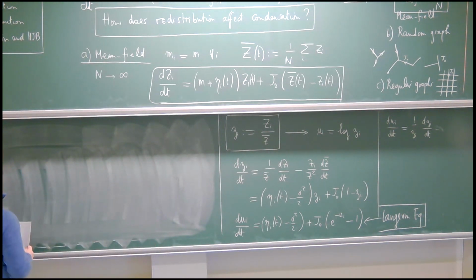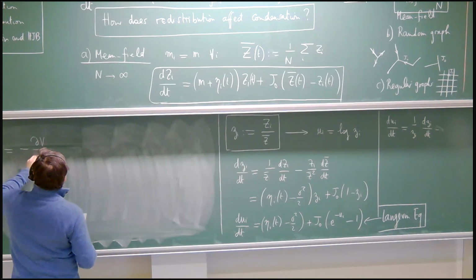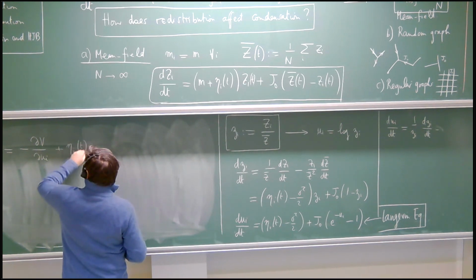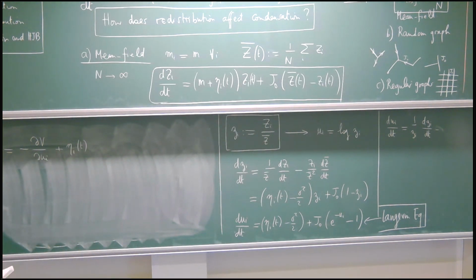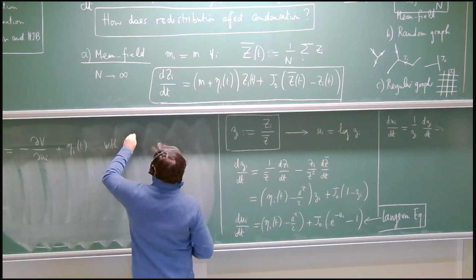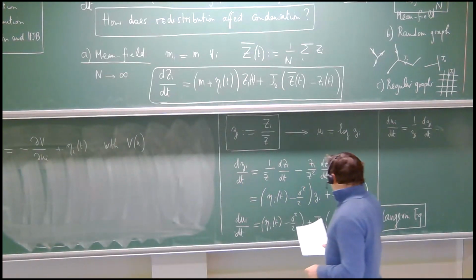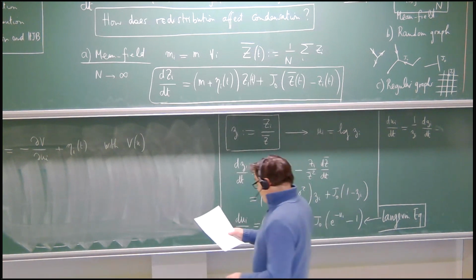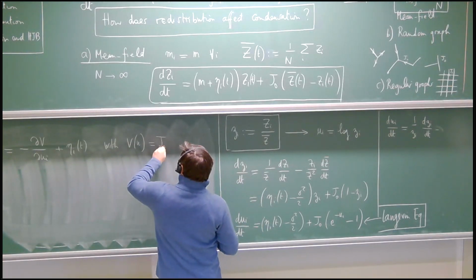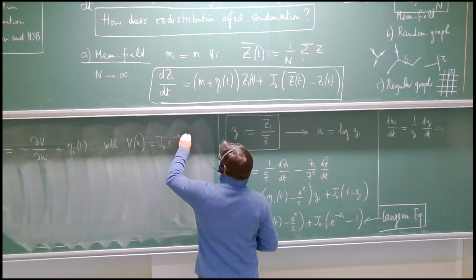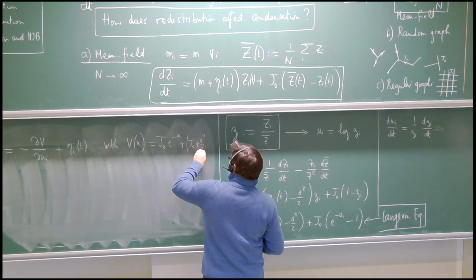So let me be more explicit. The equation for u, I can write as du/dt equals minus dV/du plus eta i of t, where V of u is just the term I need to introduce to see this as the derivative of a potential, and it's given by J0 exponential of minus u plus J0 plus sigma squared over 2 times u.